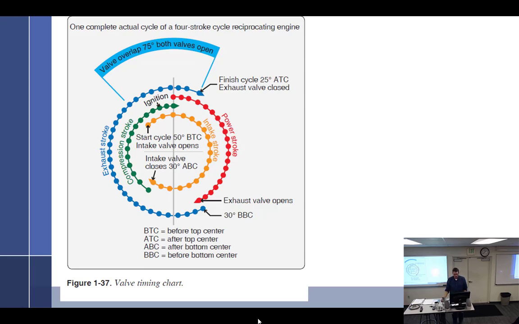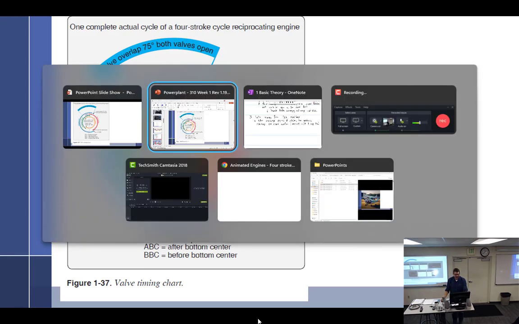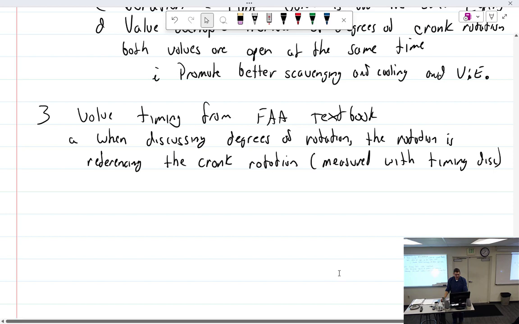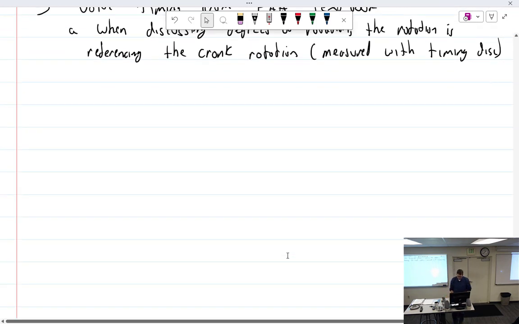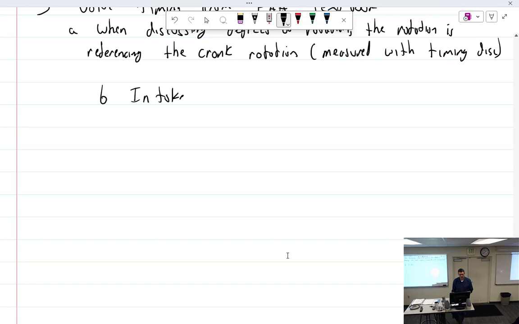Okay, so let's take a look at how they draw it out. We have the intake valve. So this FAA example I just showed you, let's talk about the intake valve. The intake valve opens 50 degrees before top dead center.